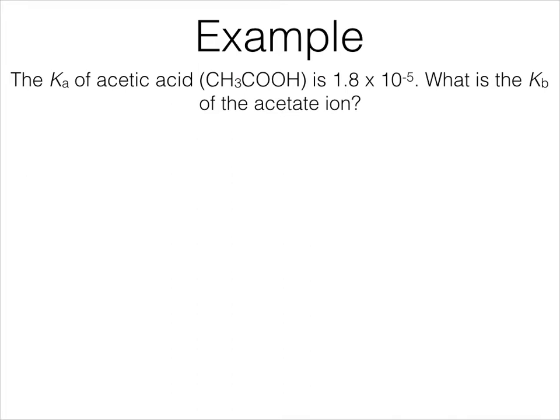Okay, so let's do an example. The Ka of acetic acid is 1.8 times 10 to the minus 5. What is the Kb of the acetate ion? So we talked about how acetic acid is the acid.